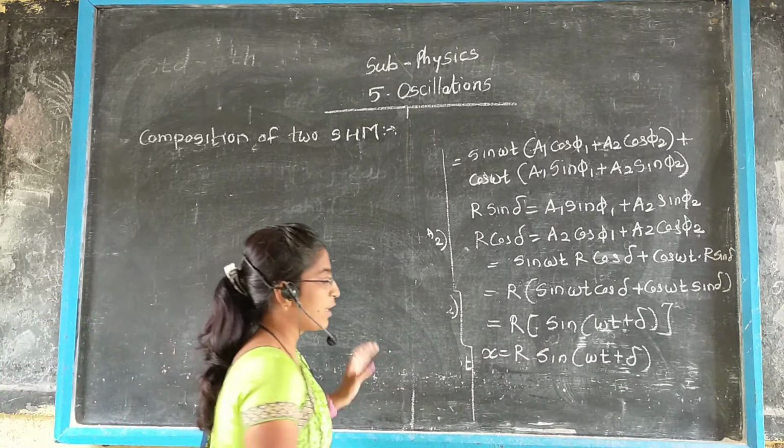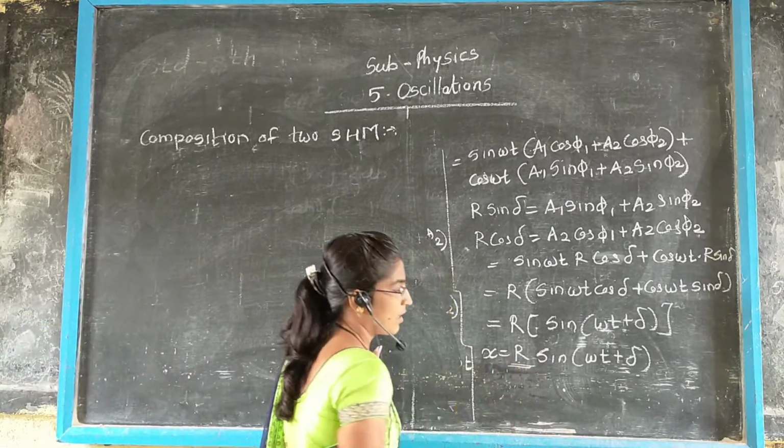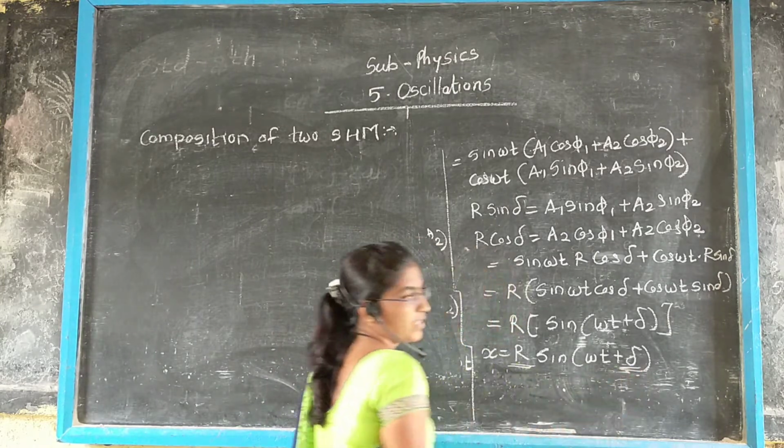We have to find the value of this resultant r and this phase angle delta.